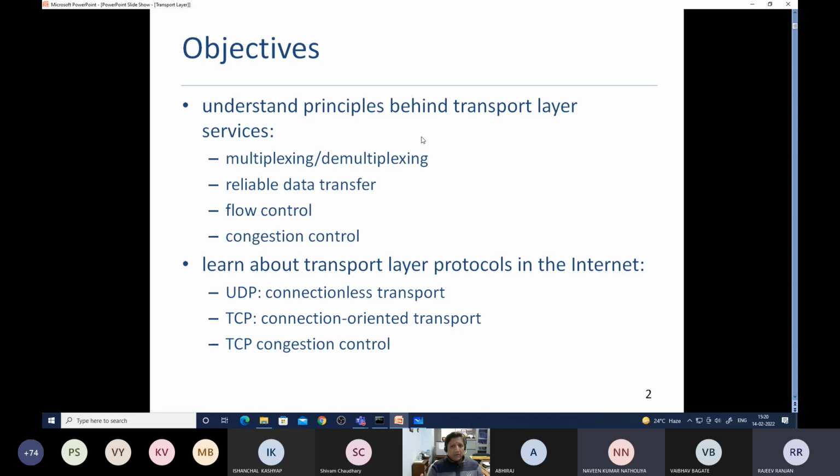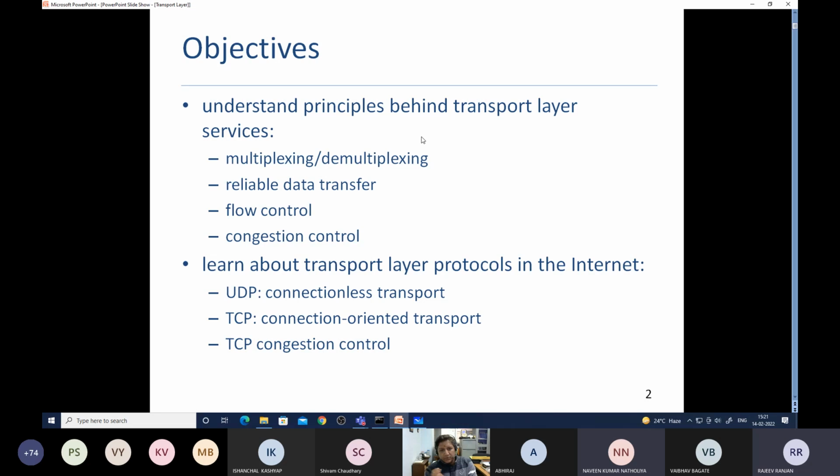end hosts are the ultimate reason for congestion, because they are pushing data into the network. So if we can somehow send a signal, implicit or explicit, from the network to the end host that the network is getting congested, and if the end host can regulate accordingly, then our work is done.